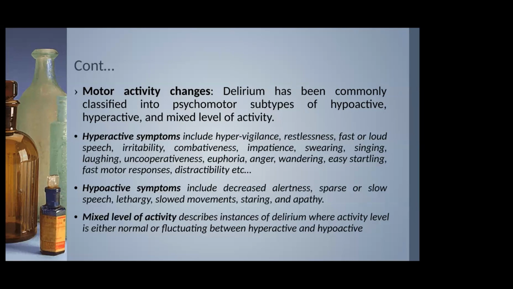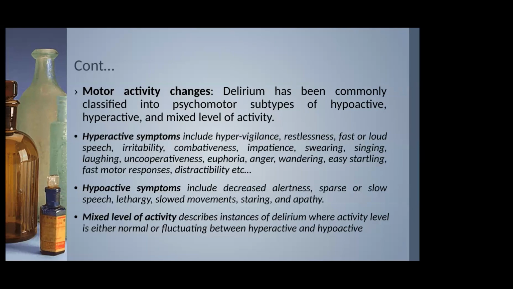These symptoms can happen in the hyperactive type, whereas the hypoactive type is manifested by decreased alertness, okay, drowsiness, lethargy, slowed movements, staring at one place, and apathy, okay. And the third subtype is mixed level of activity. So the mixed type is usually a fluctuation between the hyperactive symptoms and the hypoactive symptoms.